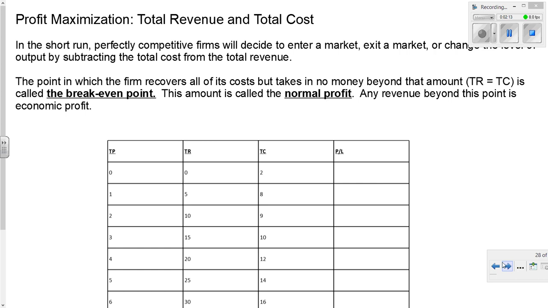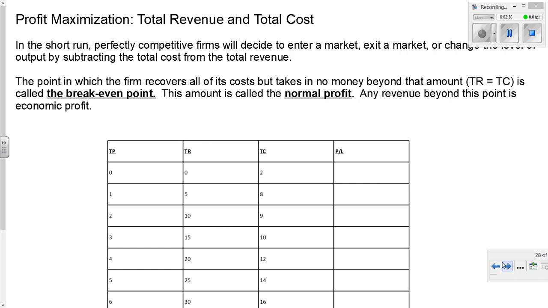There are two ways that a firm in a perfectly competitive market can calculate their profit. The first is by taking the total revenue and subtracting out the total cost. Again, we're operating in the short run here, assuming that these firms can't change their plant capacity. There are two important concepts when we're looking at total revenue and total cost.